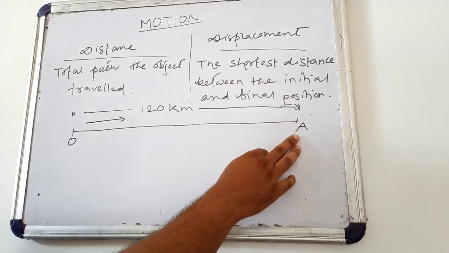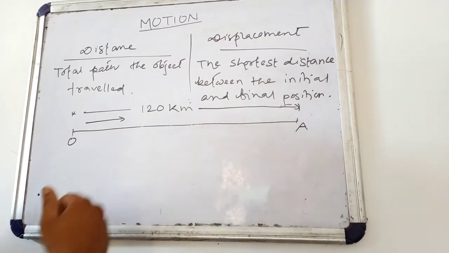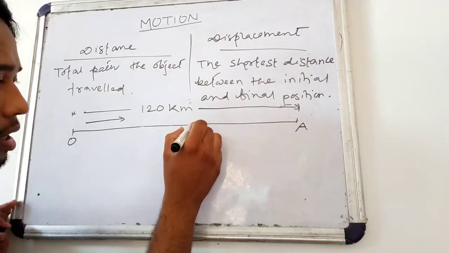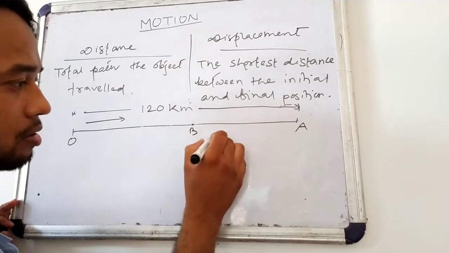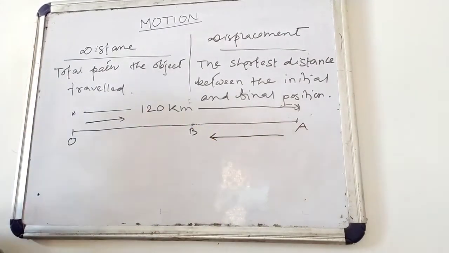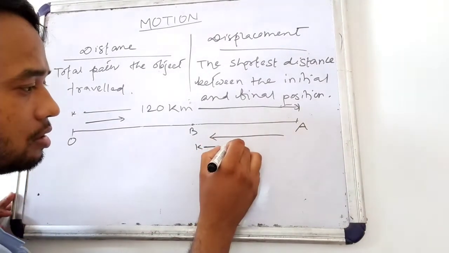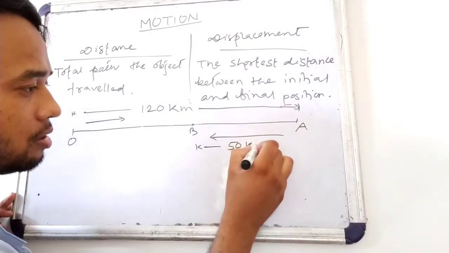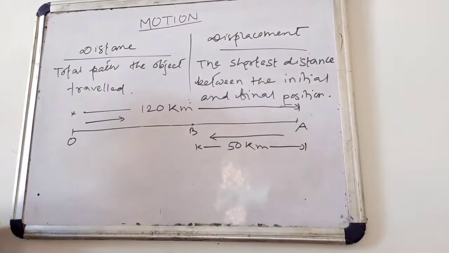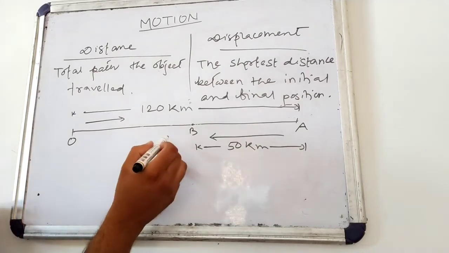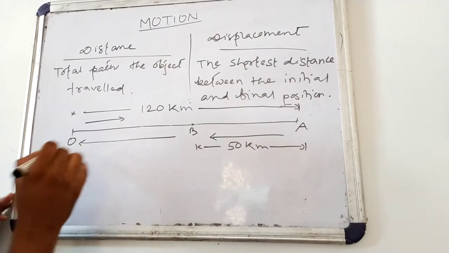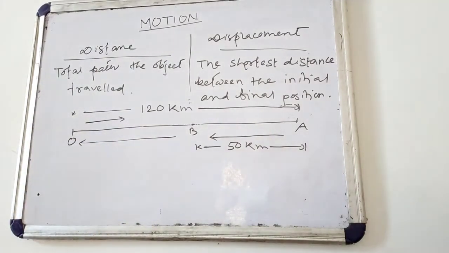When it reached the point A, the car starts to return and arrives at point B. Suppose this distance is 50 kilometers, and after some time it again reached the initial position.